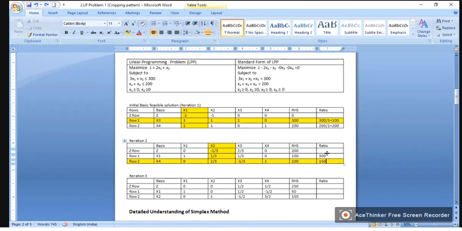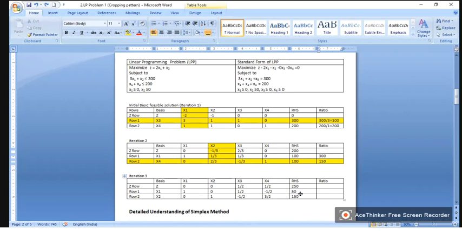So least out of 300 and 150, 150 is the least, and we say that x2 will enter the basis and x4 will leave. So in the next table, in place of x4, x2 will be present, and we can find out the remaining figures in the cells using Gauss-Jordan transformations.